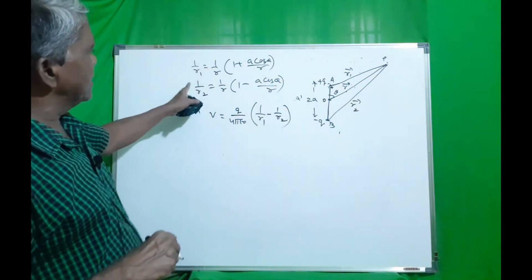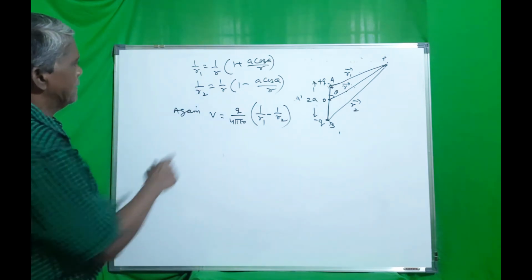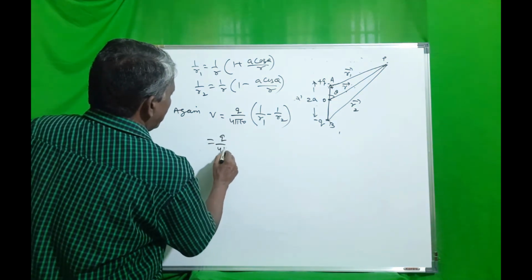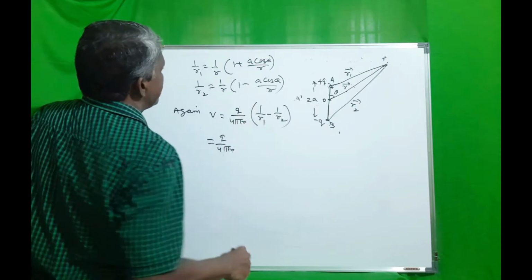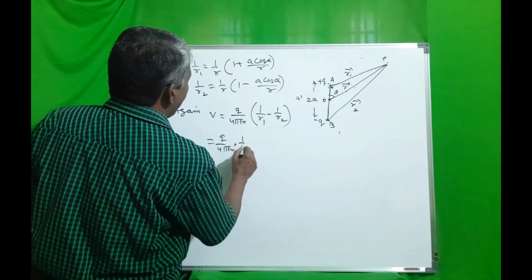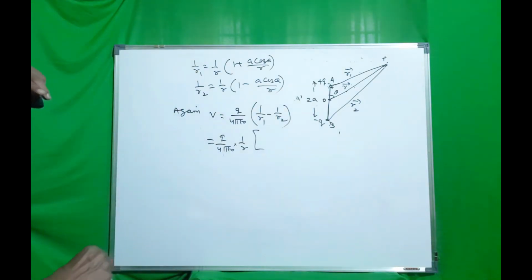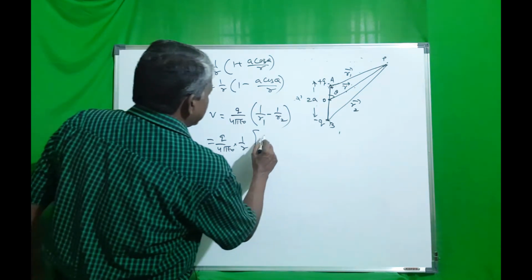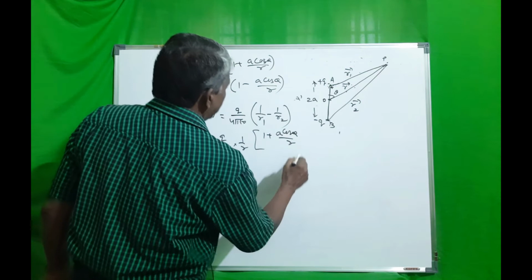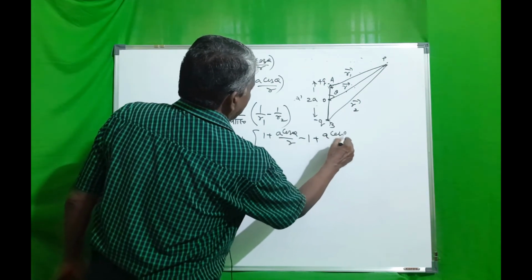Now substituting the values of r2 and r1, we can write this as q by 4 pi epsilon 0, 1 by r is common, one plus a cos theta by r minus 1 plus a cos theta by r.